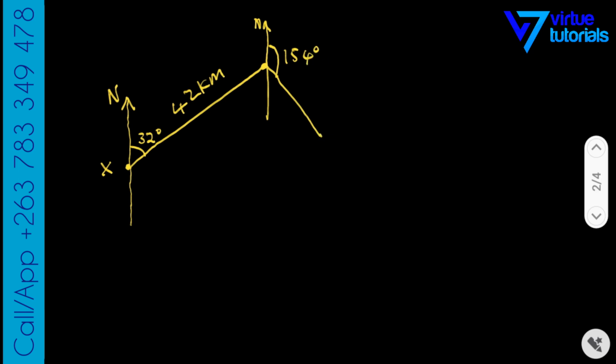And then he's going to move a short distance, something like this, which is 28 kilometers. And this is his final point, which I can just call P. So this is how he moved: 42 kilometers on a bearing of 32 degrees, then to the next point, moving in the 154 degree direction for 28 kilometers.